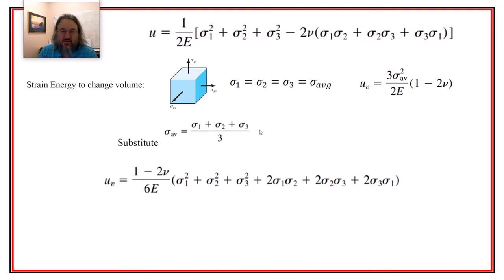You would think this is an unnecessary algebra step right here. But what it's really done is shift from being specific in many different ways to being generic, right? We had the same stress condition. This is only true if all of these are equal to each other, but it still is true.